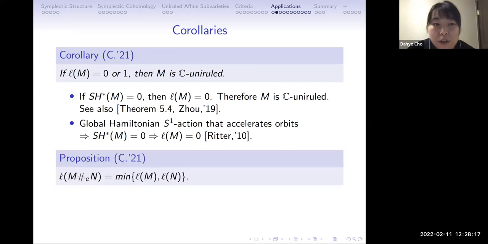Another property of the L invariant: when we consider the end connected sum of two Liouville domains, that is, a one-handle attached between two Liouville domains and extending the completion, then the symplectic cohomology of the end connected sum is like a product of the symplectic cohomology of M and N. From that property, we get that the L invariant becomes the minimum of the two L invariants.